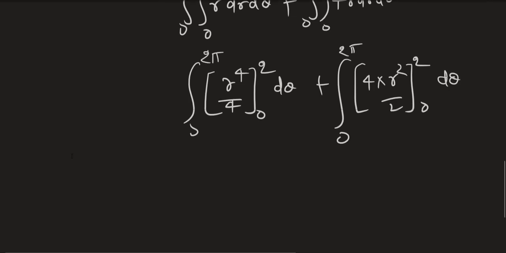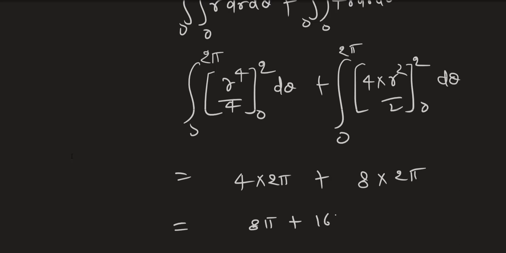Okay, now if you solve this, it would be 16 divided by 4 multiplied by 2 pi, plus it would be simply 2 multiplied by 4, 8 into 2 pi. Okay, so it would be 8 pi plus 16 pi, which is 24 pi. So this would be our final answer for this question.